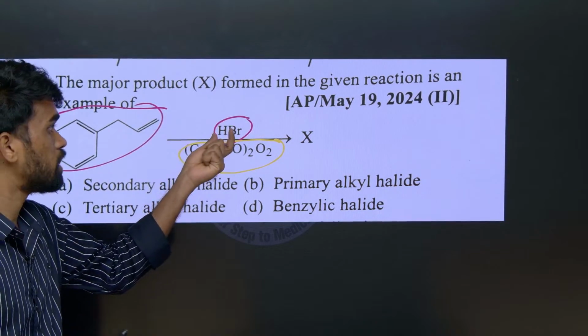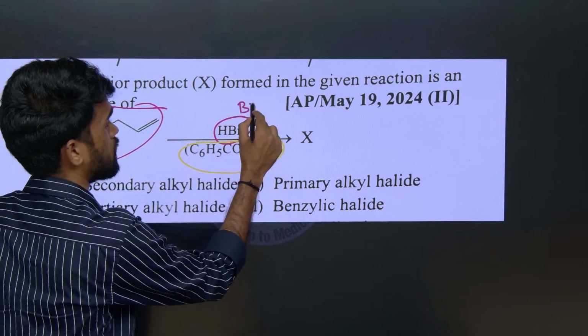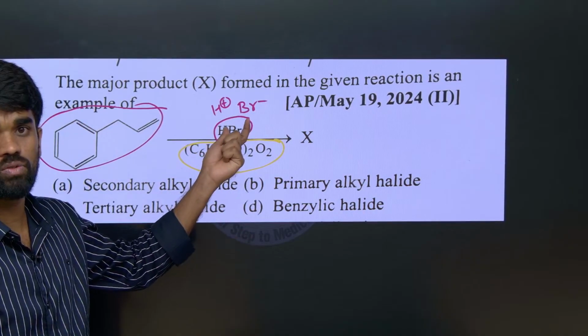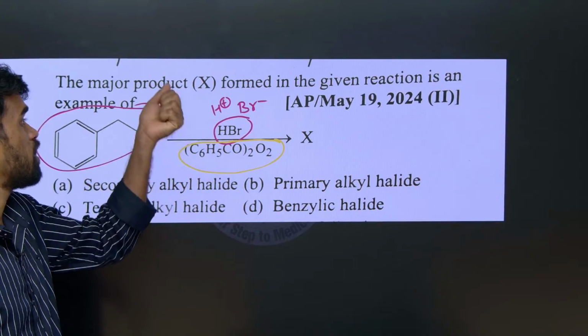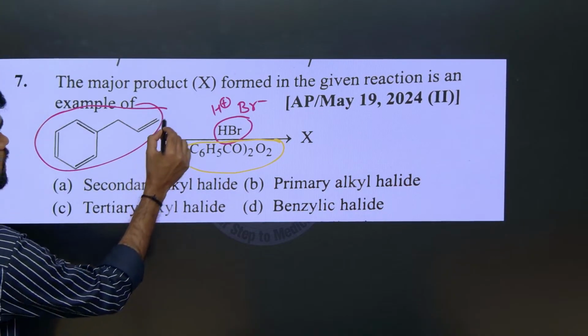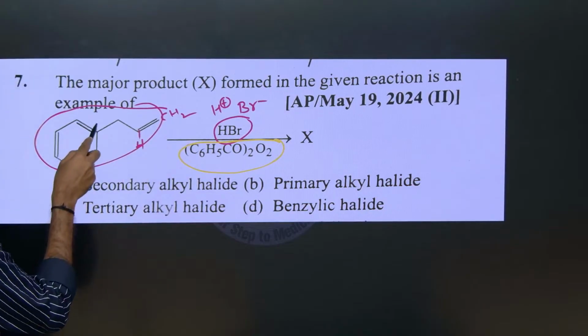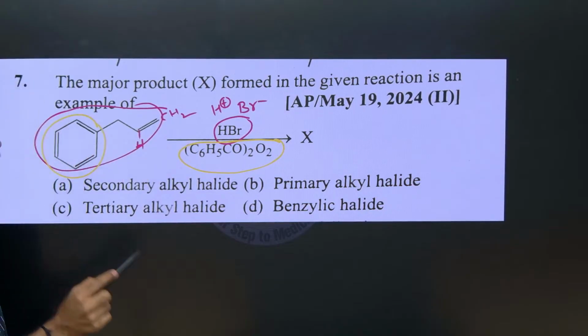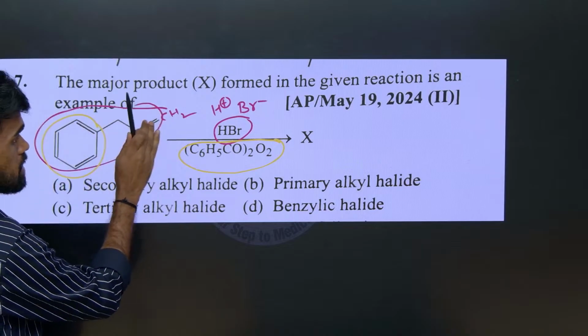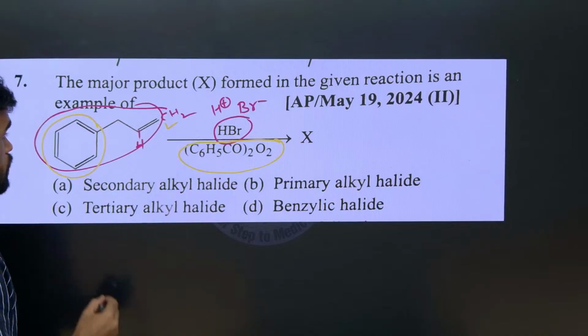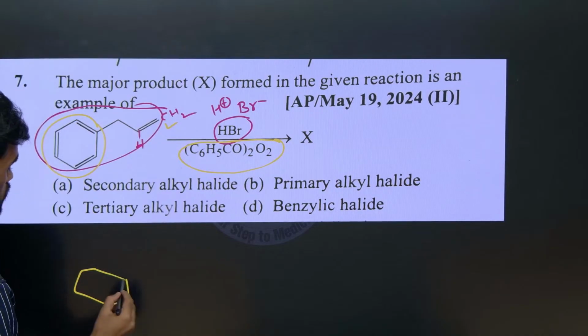So the negative part of this HBr, negative part means Br minus and positive part means H plus, the negative part of this adding molecule will go to the carbon containing more hydrogens. So here it is having two hydrogens, here only one hydrogen. See, this won't react because this is already highly stable, so don't disturb this, only the reaction takes place here. So the negative part will go to the carbon containing more hydrogens.